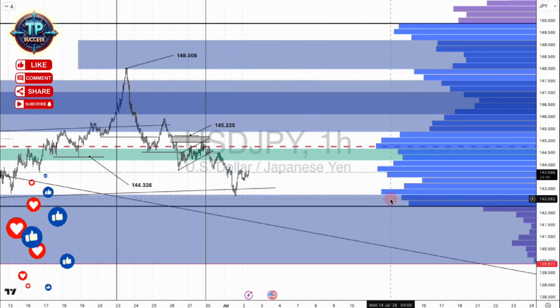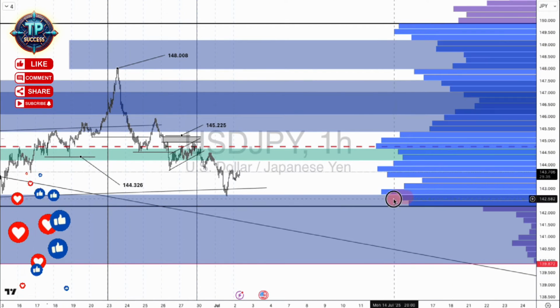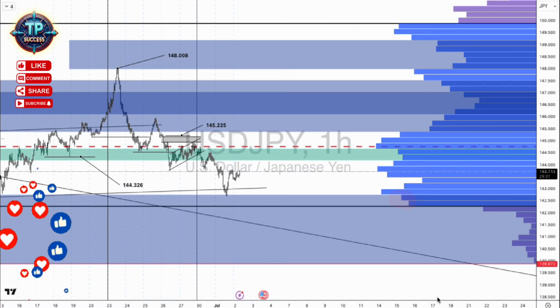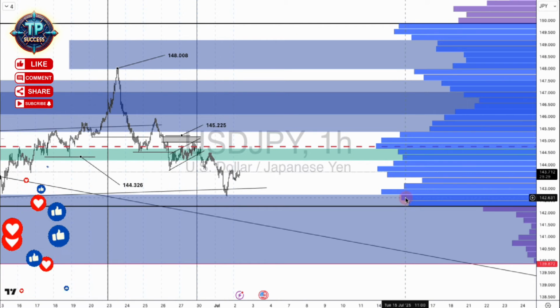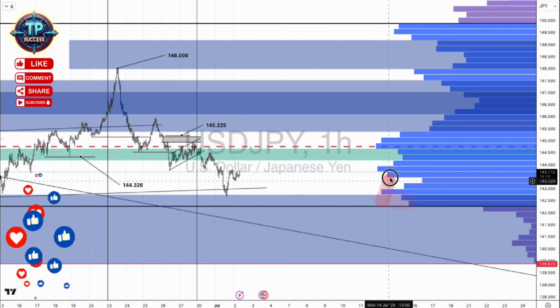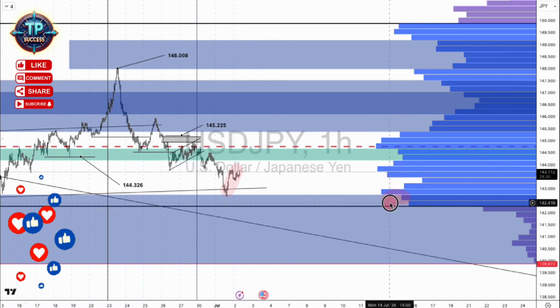Because of A, price has come to this location. Oops. Price has come to this location and it's now moving away. So that's it right here. It's now moving away, and this is a low value area.